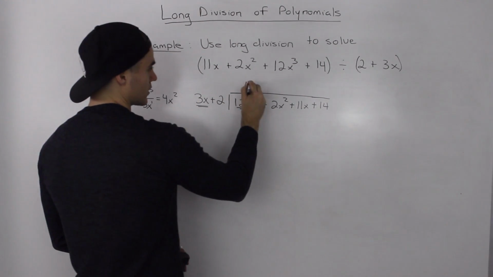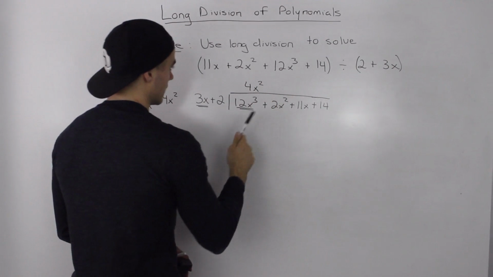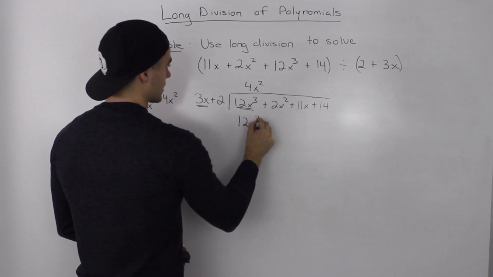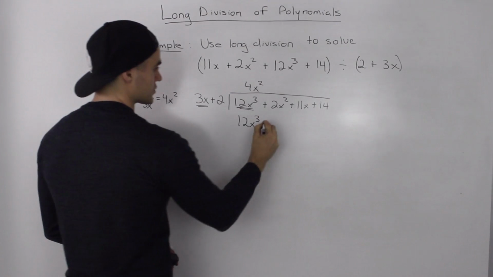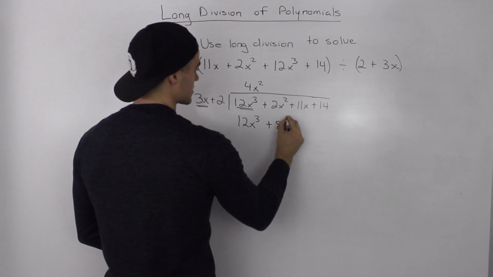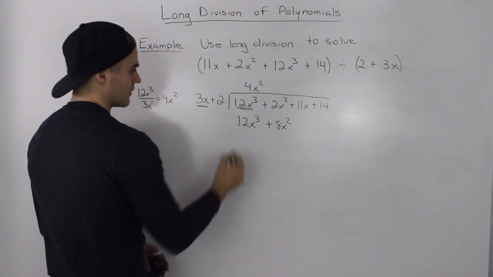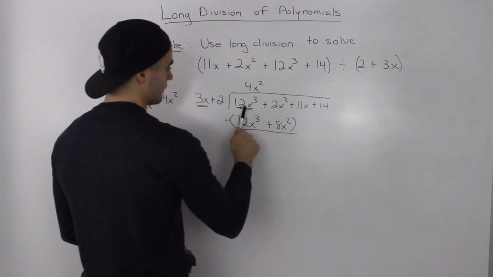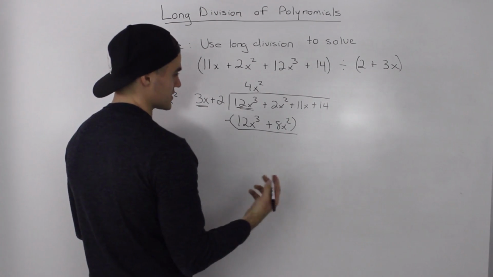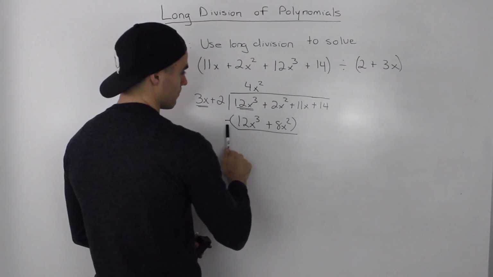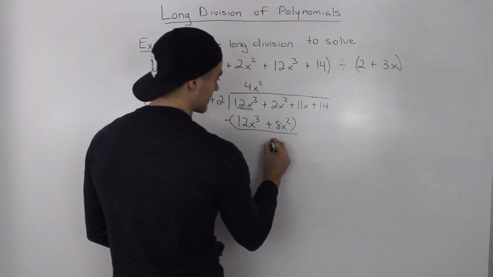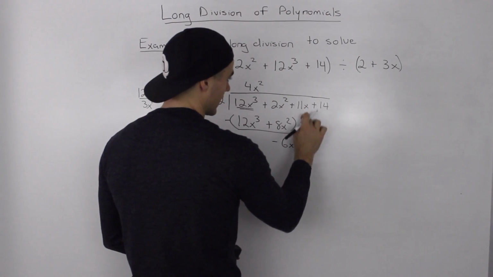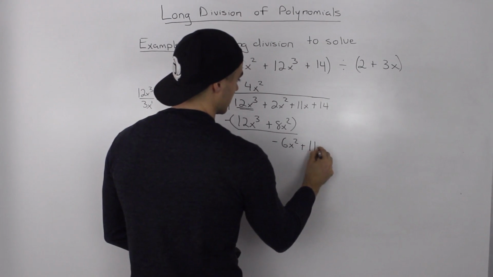So 4x squared goes here, then 4x squared times 3x is 12x cubed, and then 4x squared times 2 is 8x squared. Now we subtract these. So 12x cubed minus 12x cubed, that's just 0. 2x squared minus positive 8x squared, that gives us negative 6x squared, plus, and then we bring down the 11x and the 14.